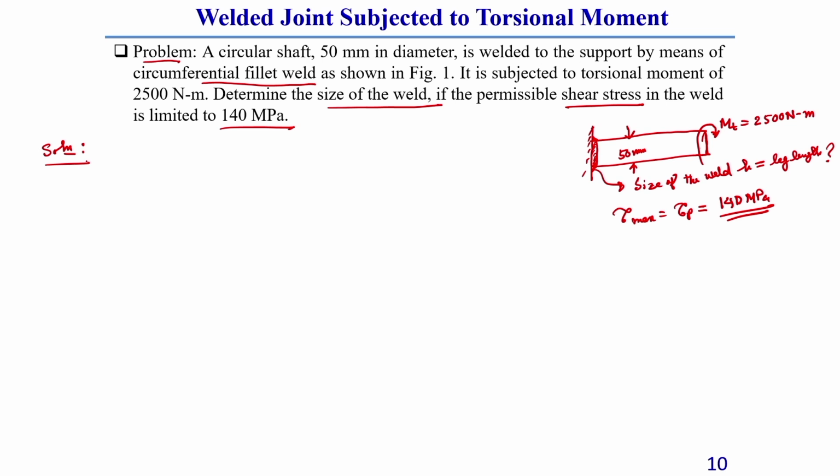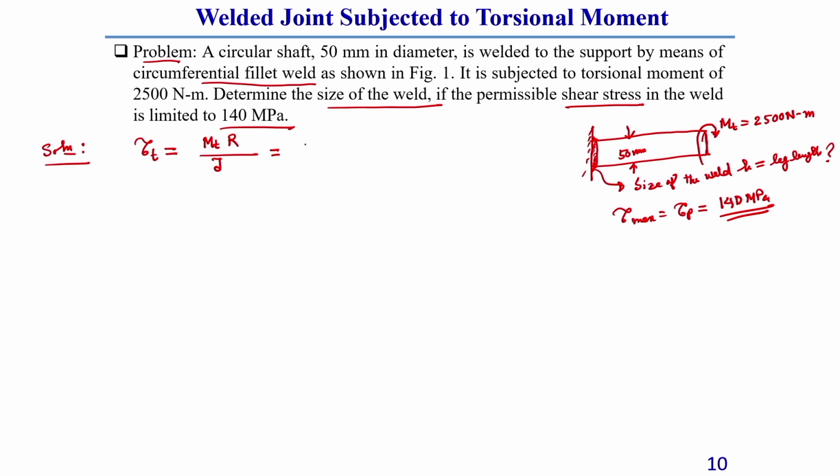In the previous slide I have shown you that the shear stress developed due to torsional moment MT is equal to MT R divided by J. These things I have already shown you.